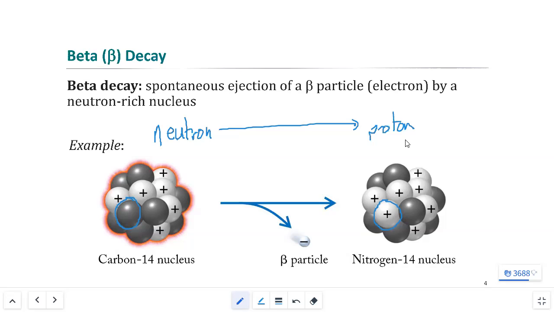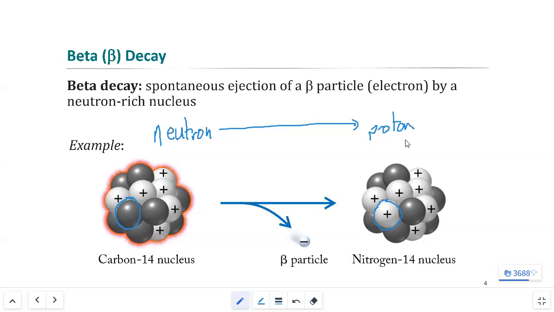Well, beta decay in this form of this negatron basically means that if I've got the positive and the negative both here at the same time, if I get rid of the negative particle, the positive's still there. And so that's how we can kind of rationalize this idea of a neutron turning into a proton.